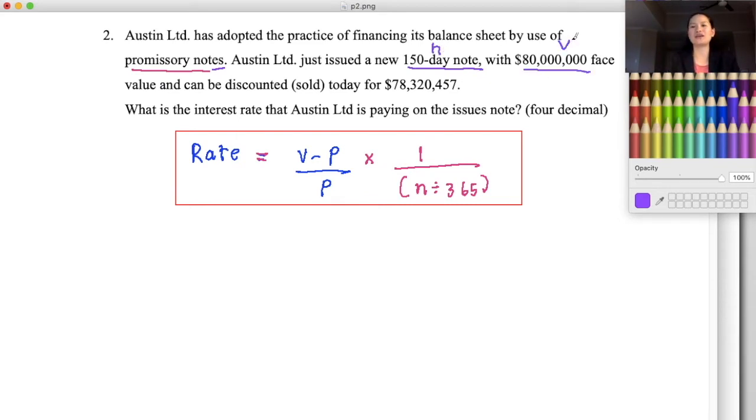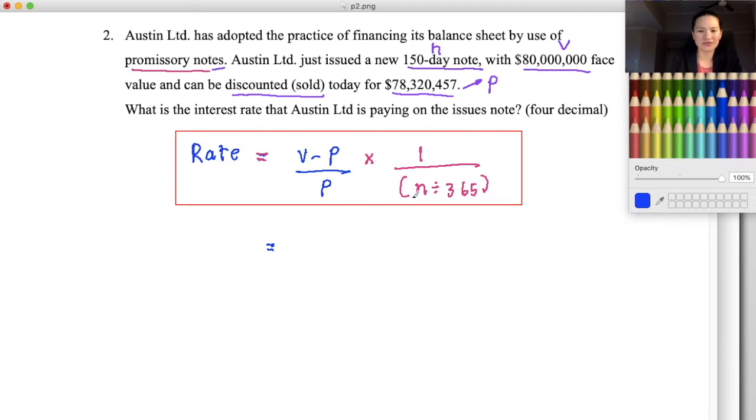So the face value is V, and the discount price is 7832047, and this one is P. Easy, and then you just put it in the formula. Okay, let's do it together.